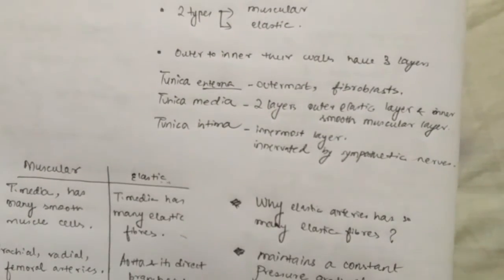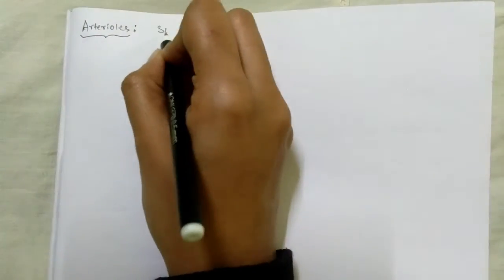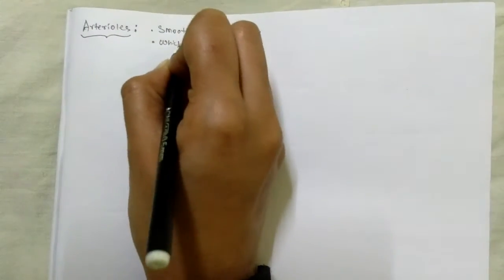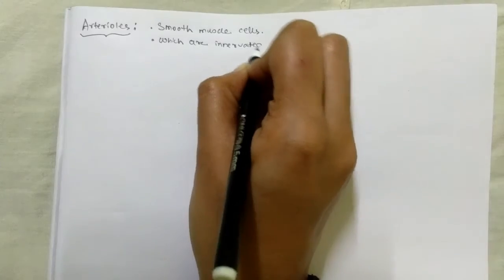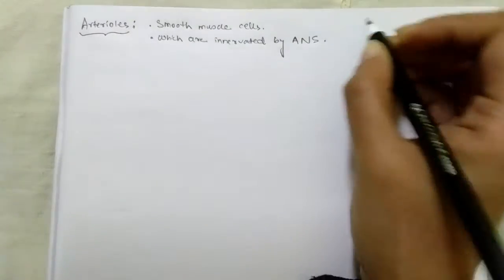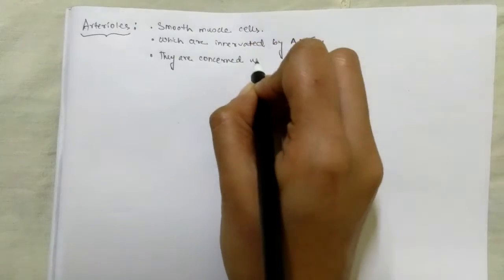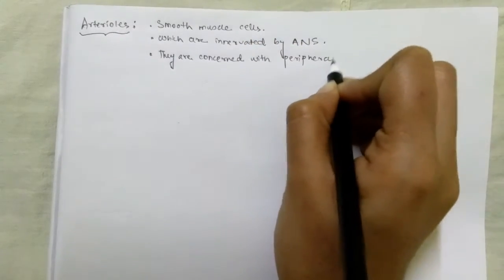Now we will come to arterioles. They consist of smooth muscle cells, which are innervated by the autonomic nervous system, or the ANS. They are concerned with peripheral resistance of the blood vessels.